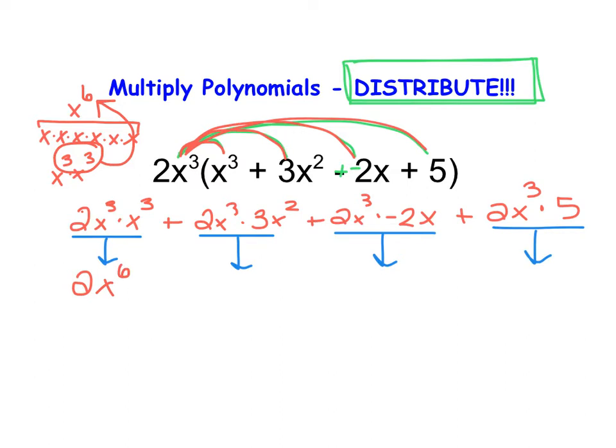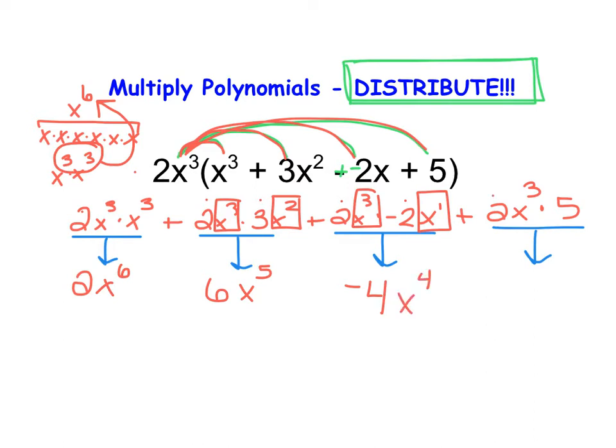Now from here, if I look at the next term, I notice I have 2 times 3, which gives me 6. And then I have x to the third times x squared, and if I use the same pattern, I can simply add those exponents together to give me x to the 5th. This next one, I have 2 times a negative 2, which is negative 4, and then x to the third times x to the first, so again I use the add the exponents trick to get x to the 4th.